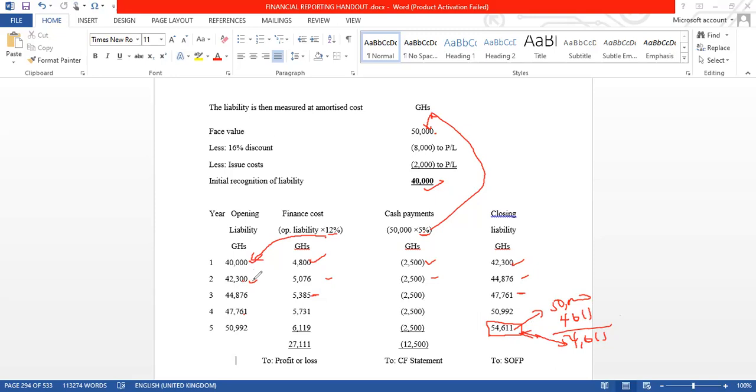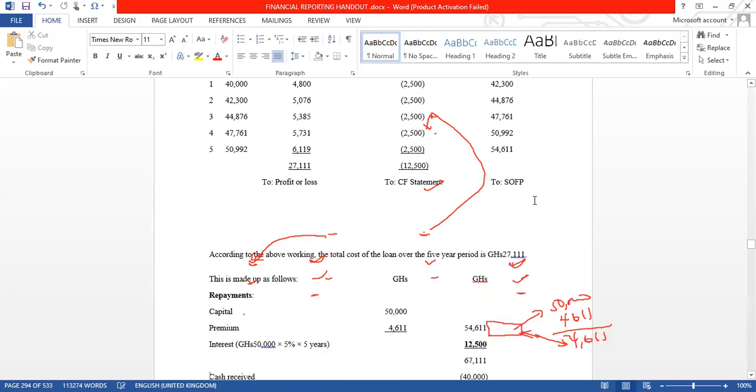Most of the time, maybe it will be at the second year or just the first year, so that you can present these figures in your answers. Okay. So now, the last bit I want to show you is in the form of a proof that you see down here.